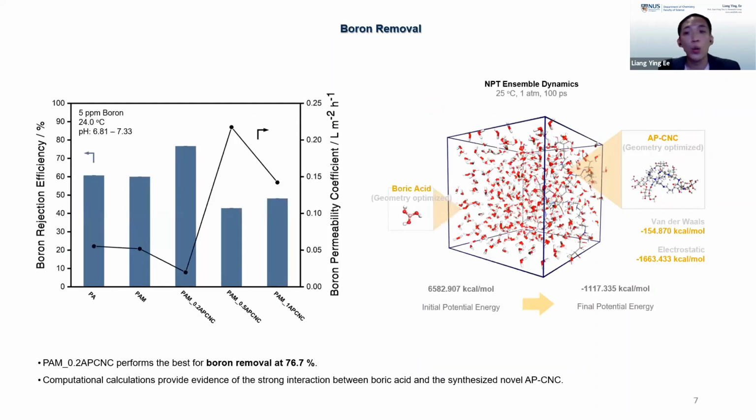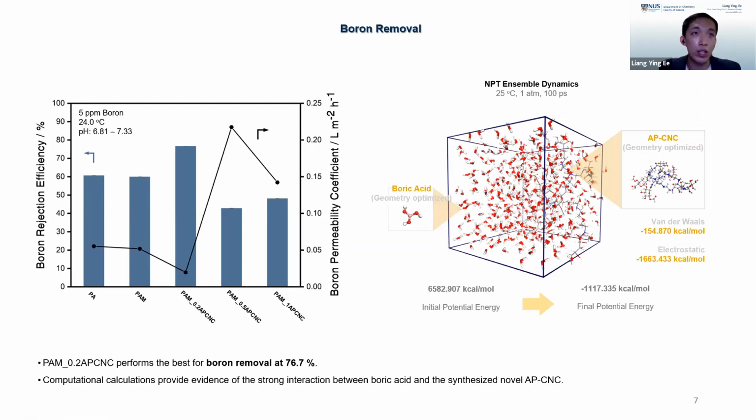Finally, we simulated the boron removal experiment with seawater pH, wherein boric acid is the predominant species. The membrane loaded with 0.2% APCNC once again obtained the highest boron removal efficiency of 77%.